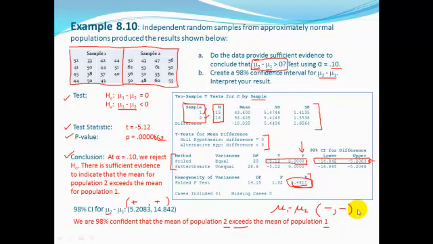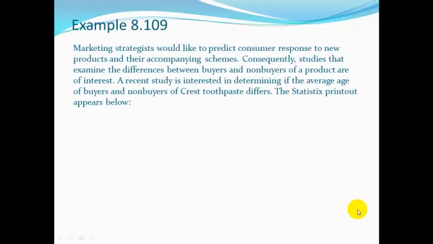Let's take a look at one more example here. I'll go to the supplementary problems. Exercise 8.109, we're collecting data for toothpaste. Buyers and non-buyers of Crest toothpaste. In the book, they show you the data set, I believe, where they're asking you, how old are you? And what kind of toothpaste do you buy?